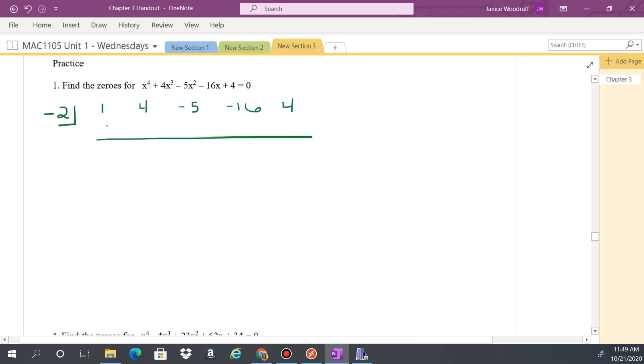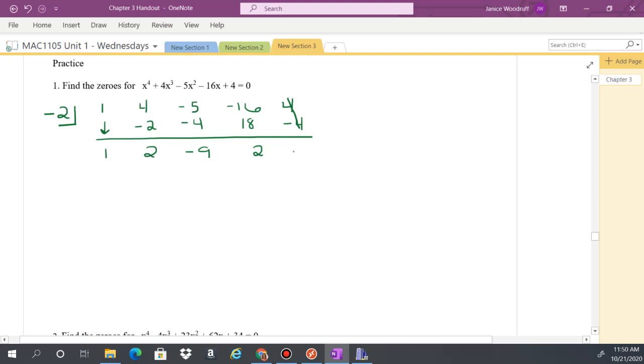So we're going to do synthetic division. Bring down the 1. 1 times negative 2, negative 2. 4 minus 2, 2. 2 times negative 2, negative 4. Negative 5 minus 4, negative 9. This will be positive 18. Negative 16 plus 18, 2. 2 times negative 2, negative 4. These cancel, I get 0.